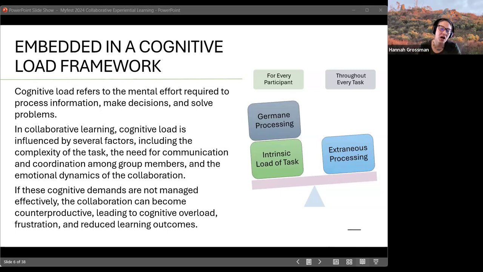Now, what we know about cognitive load is that for each person, cognitive load is finite. You are only going to have a certain amount of processing power. Now, a person's processing power does have some reliability in them, but it does fluctuate by times of day, by what they're interacting with and their interest in it and things like that.